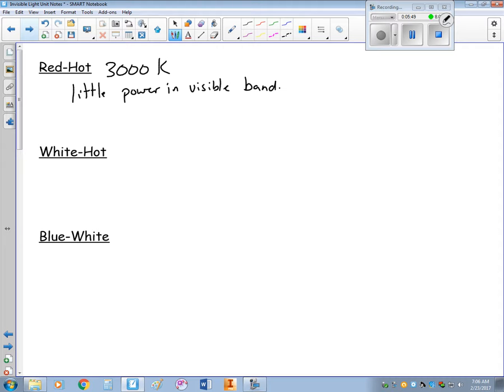Most of that power is in the infrared band. So it's emitting a lot of heat, if you will. Something with a temperature of around 3,000 Kelvin is going to glow red.